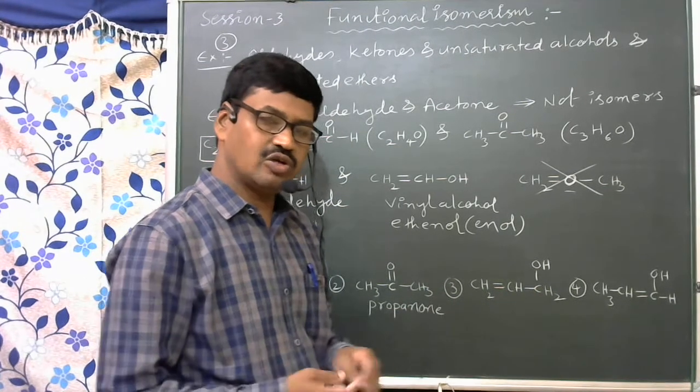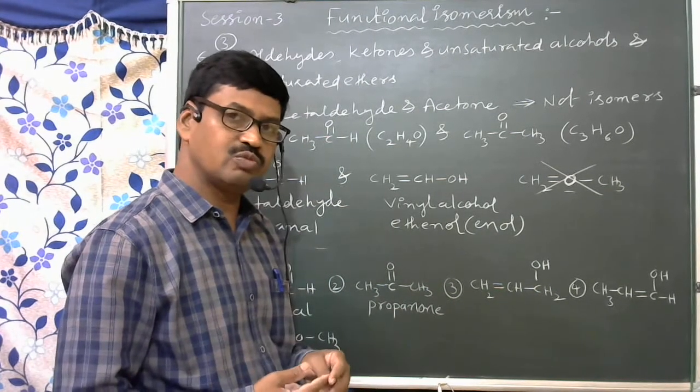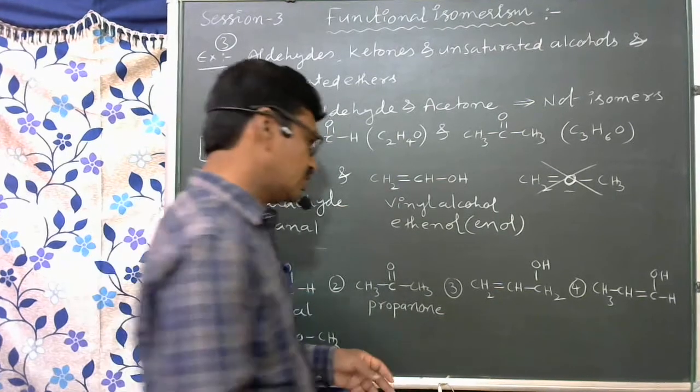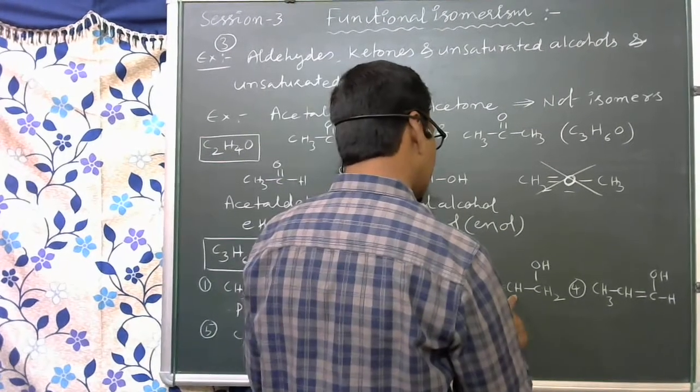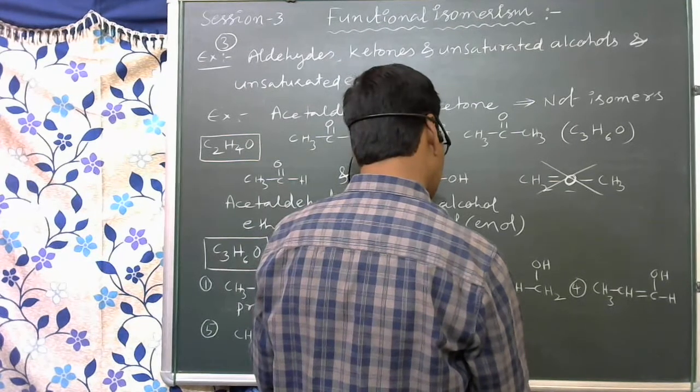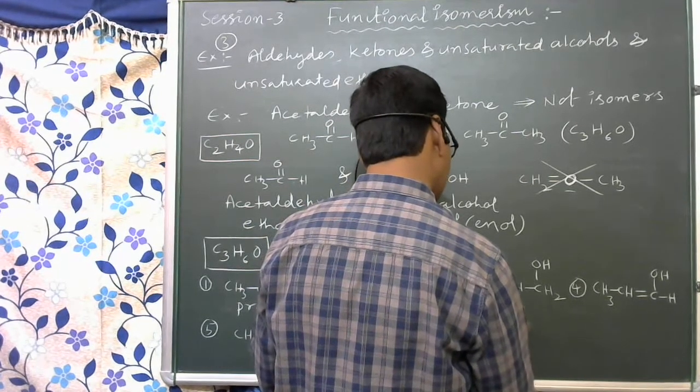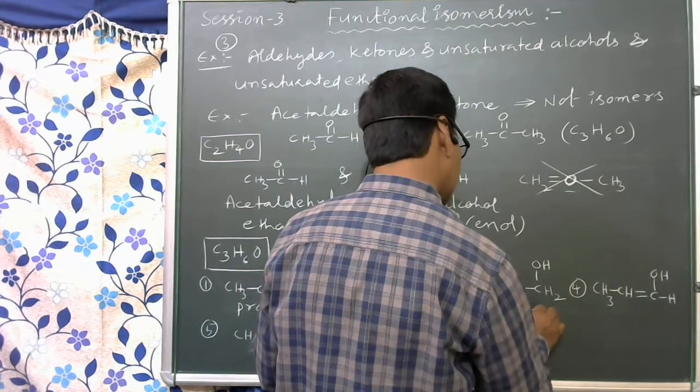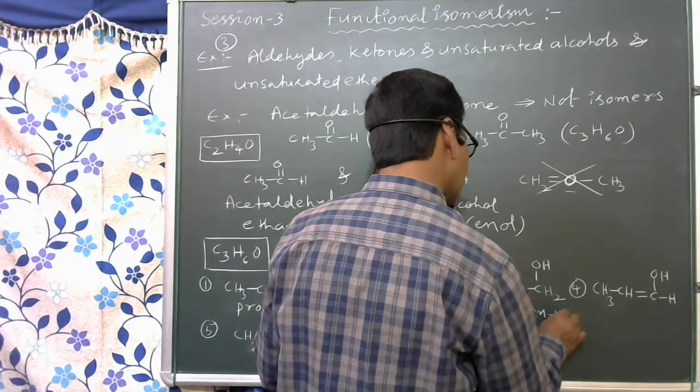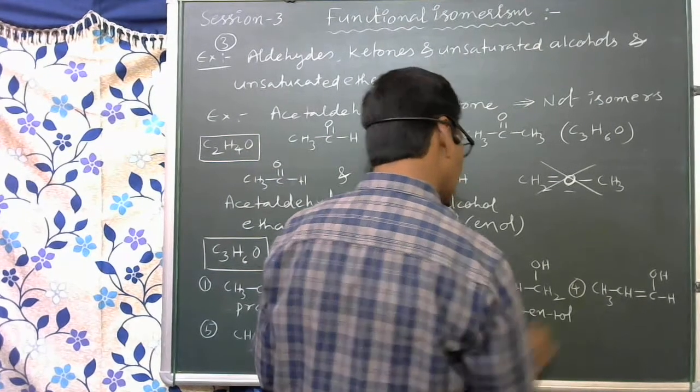As per nomenclature rules, we give more preference to the OH group, so it is 1-ol, 2-ene. Means we can write prop-2-en-1-ol.